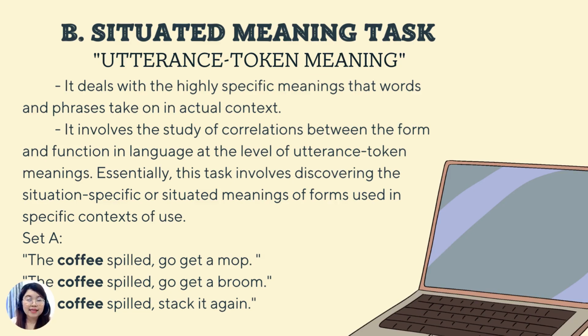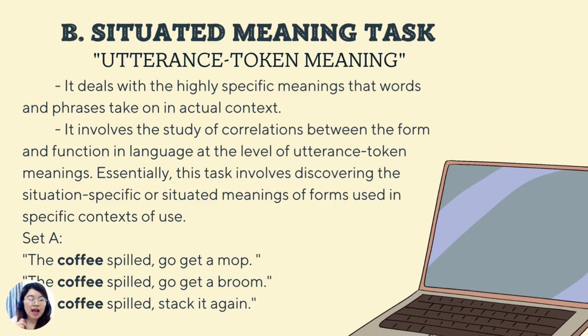The situated meaning task talks about the language used in a given situation, with the help, of course, of the utterance type meaning task or the form function correlation. So the two tasks are involved with each other, right?